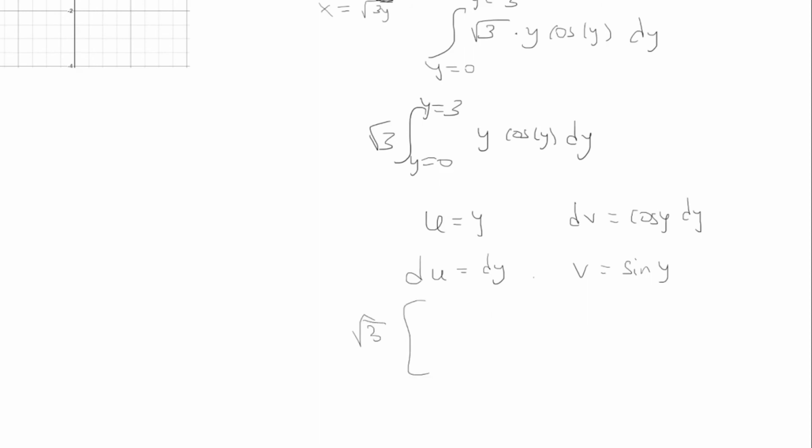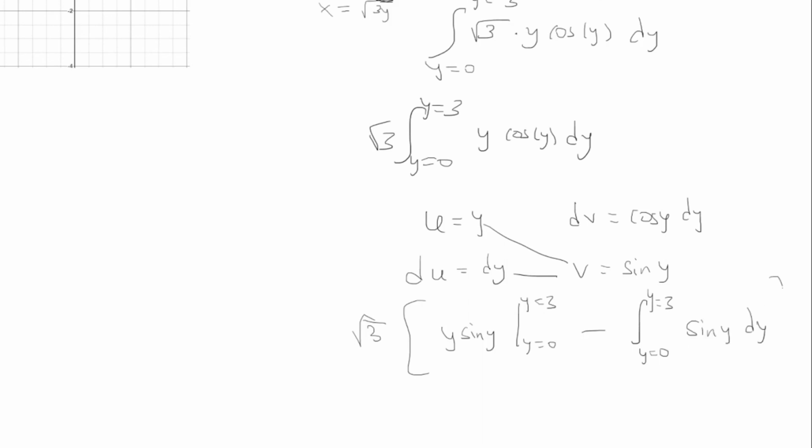And now we're going to multiply uv, which is y sine y. And here we have to evaluate it from y equals 0 to 3, minus the integral of v du. So that integral goes from 0 to 3, and that's just sine y dy.